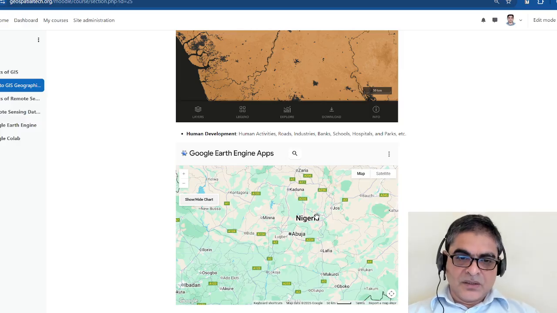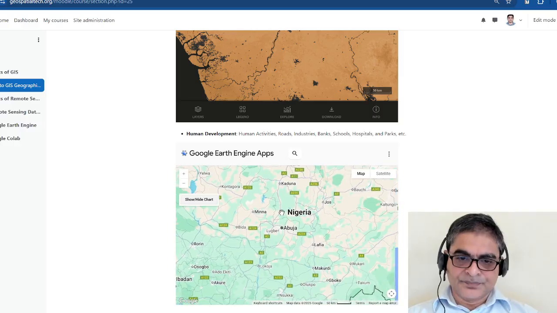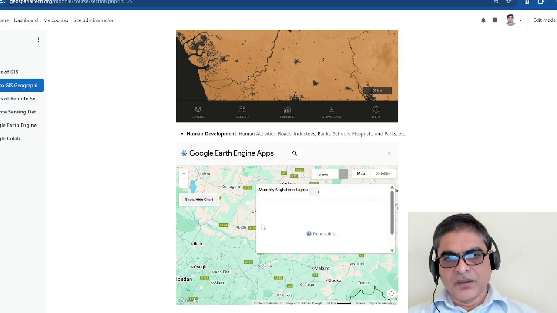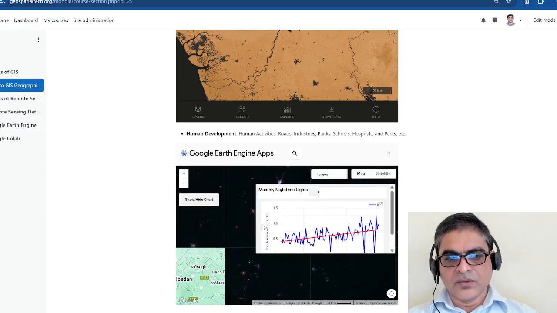This application is also developed by me. What I did here is I took 3 time periods, 2014, 2018 and 2024. Wherever you click, you will get the information for those years.